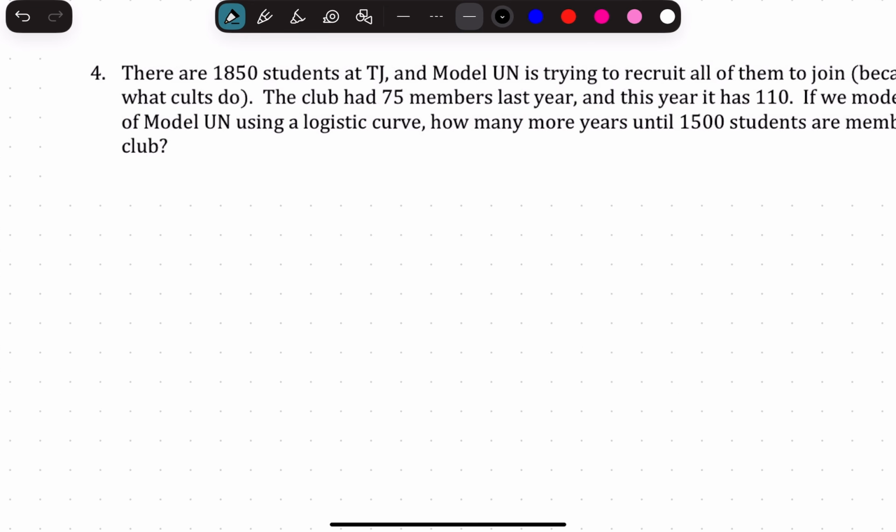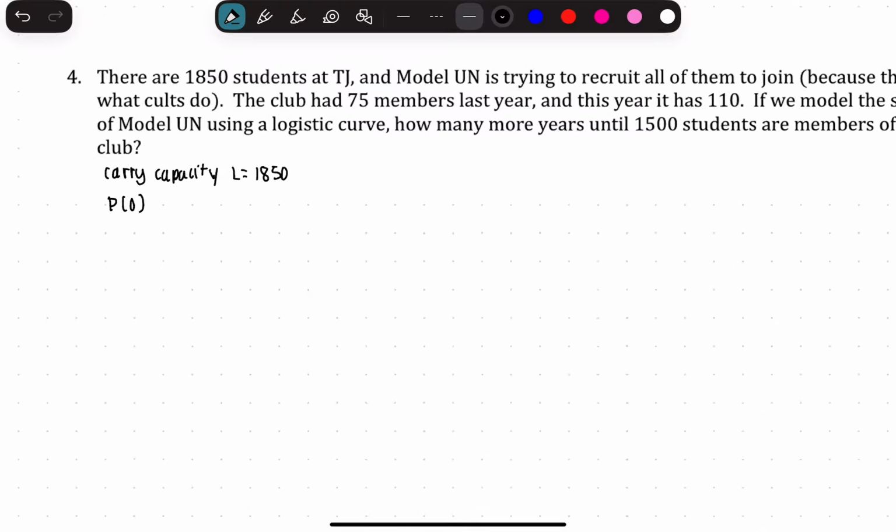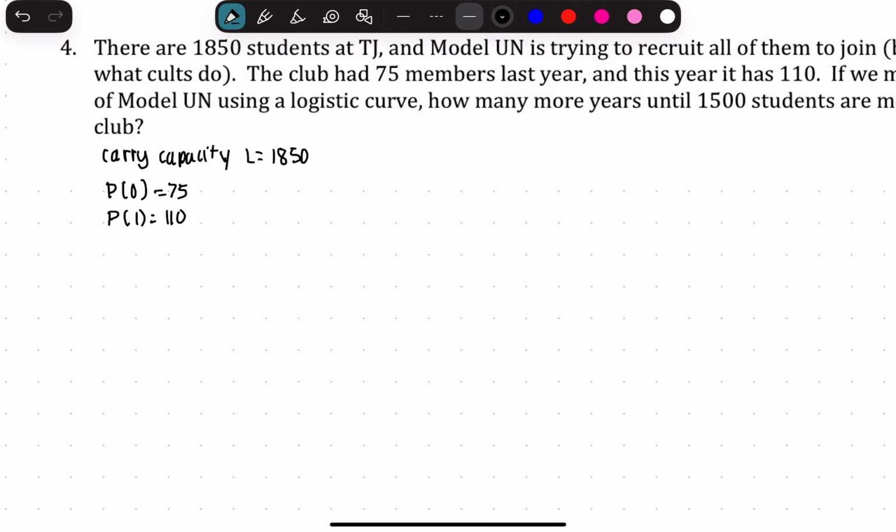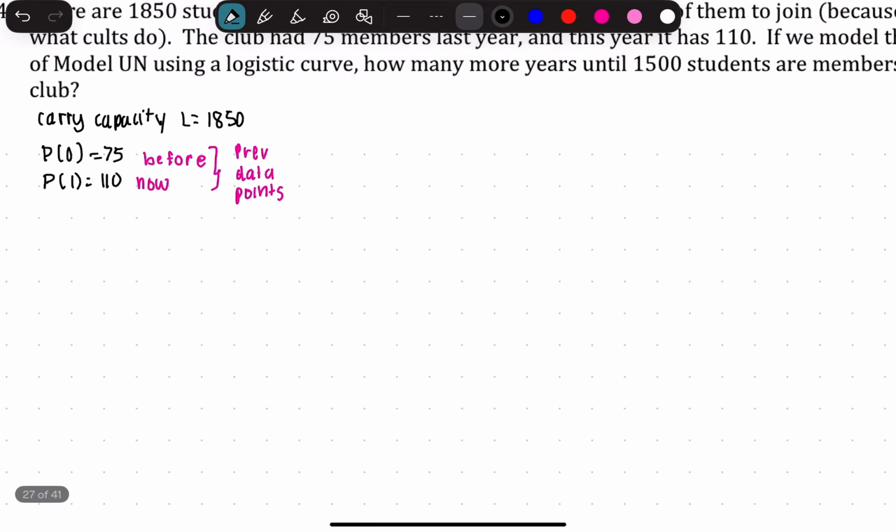So we're given that the carrying capacity is L equal to 1,850, and we also know that P of 0 is going to equal 75, and P of 1 is going to equal 110, because that was the year before, and this is the year now. So these are our previous data points, and we use those when we're trying to predict further ones.